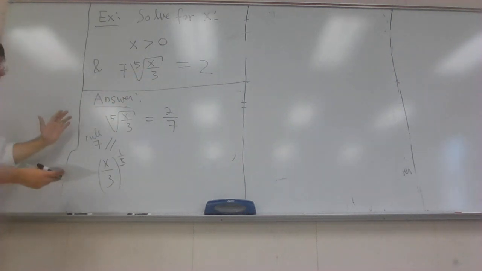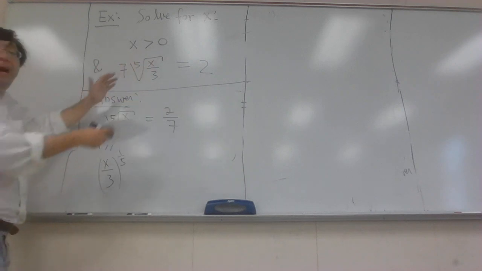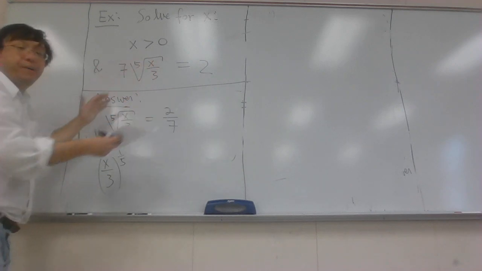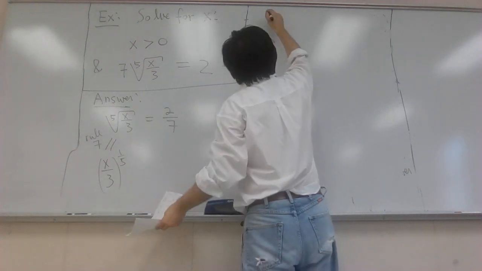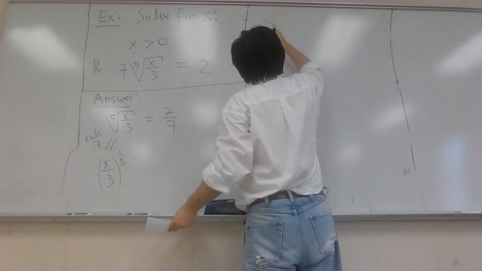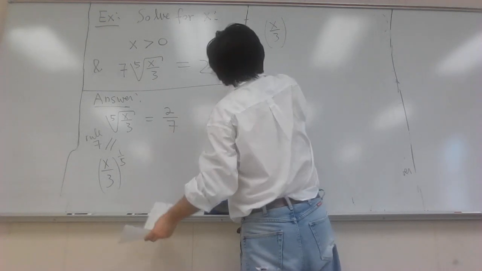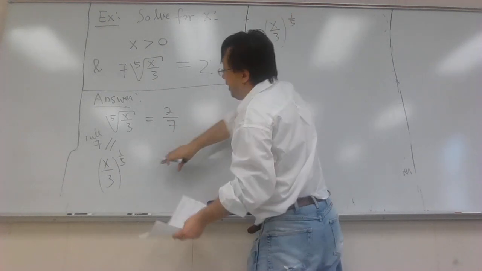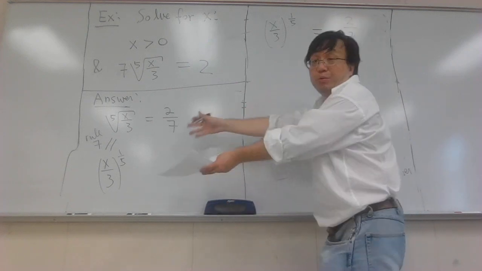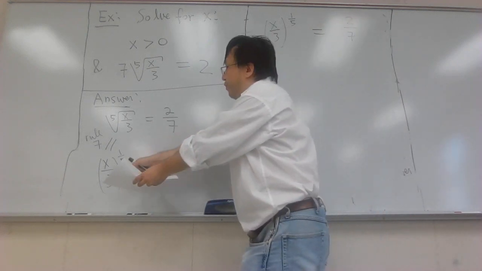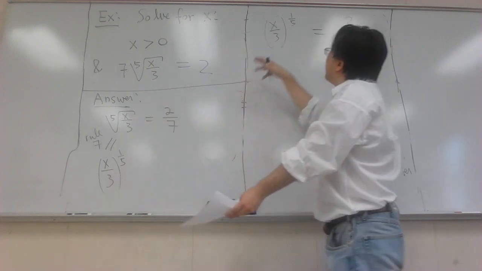So what I do is I take both sides to the 5th power. Let me write x divided by 3 to the power of 1/5 is equal to 2 over 7.